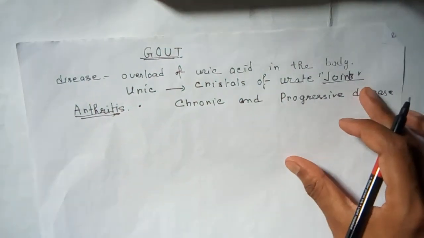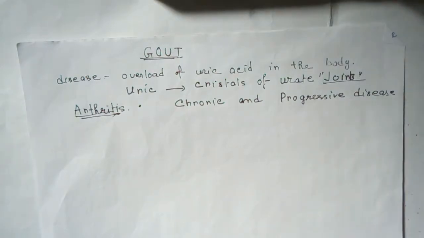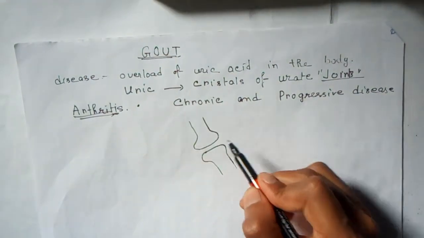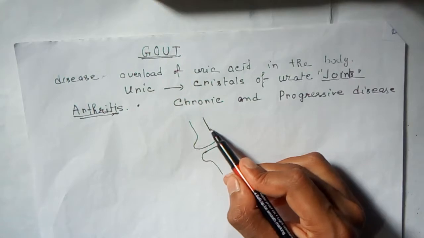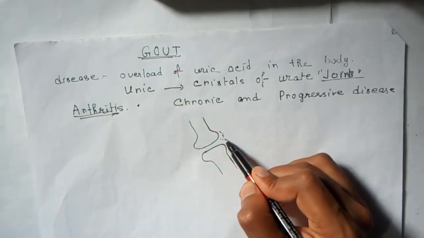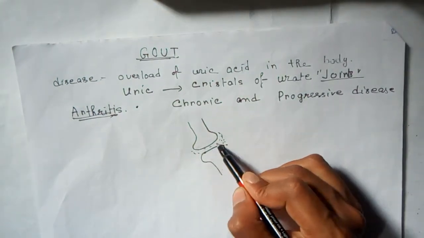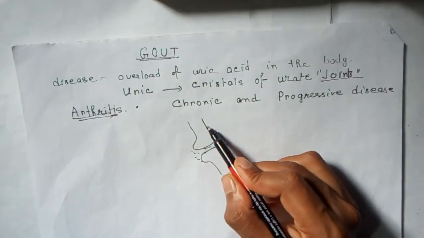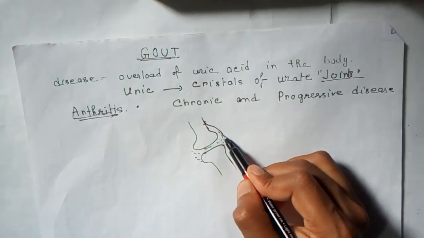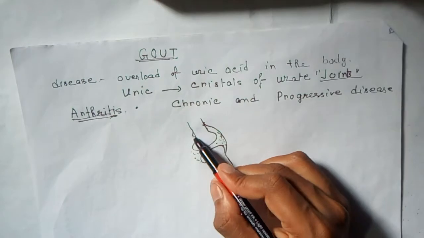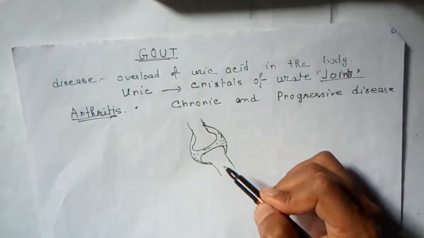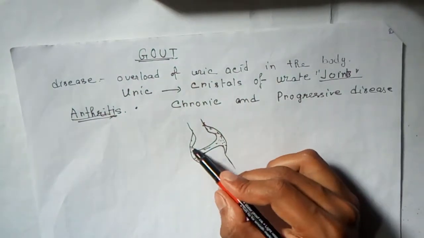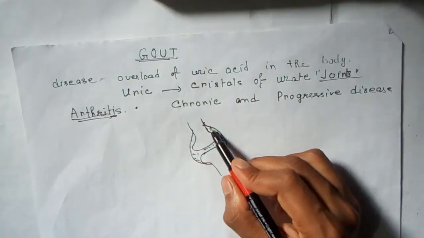The uric acid crystals are stored here and make the joints inflame.